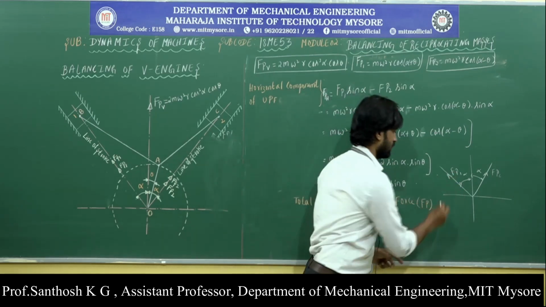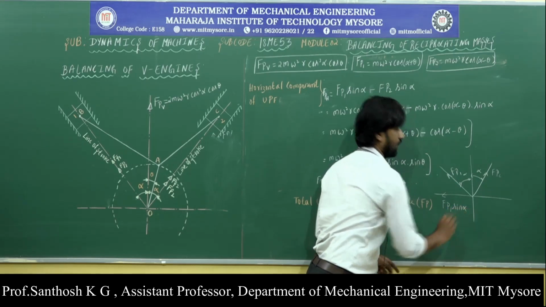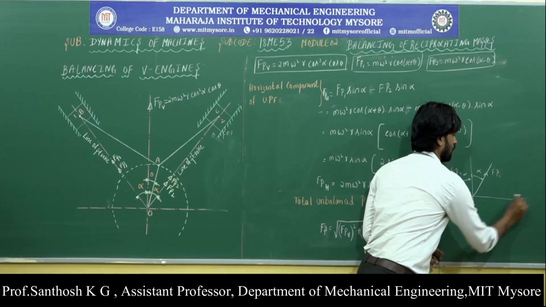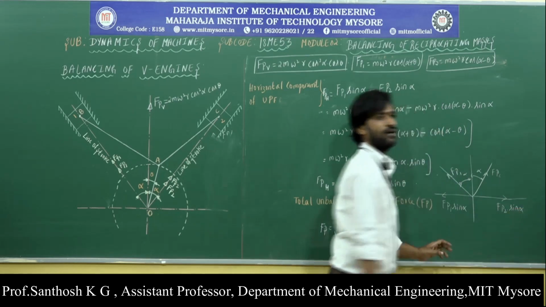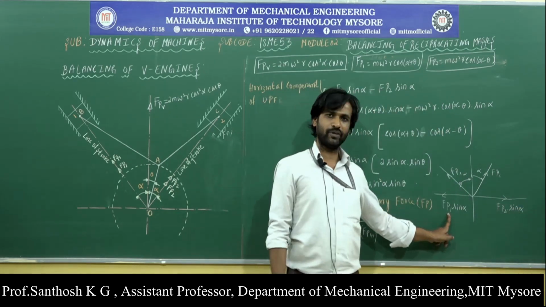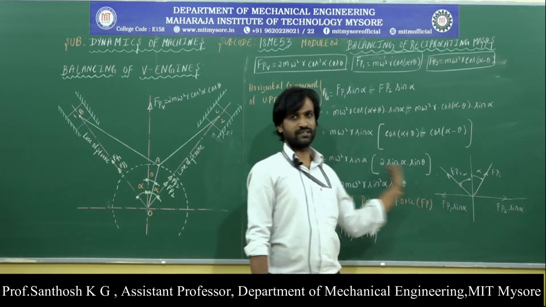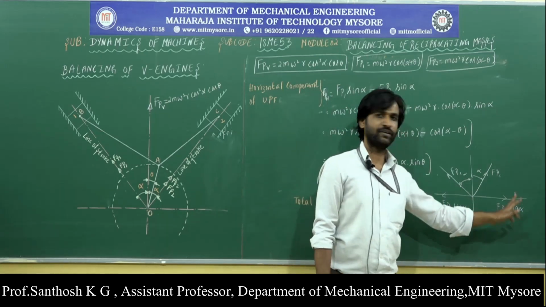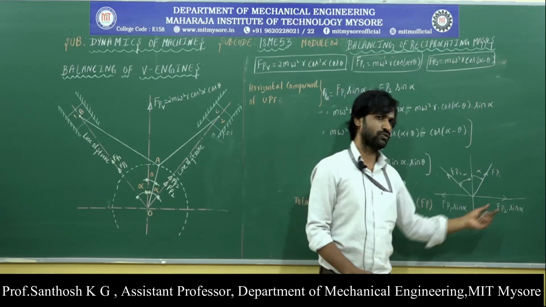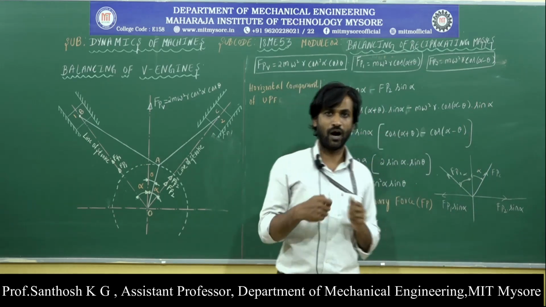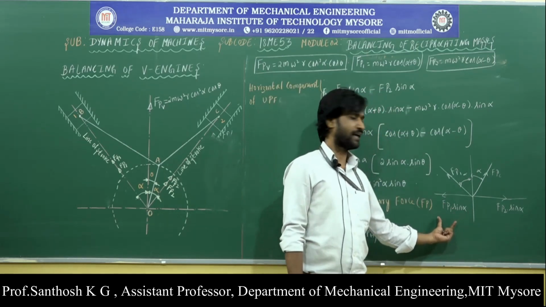So when I resolve Fp1 along the horizontal axis, I will get Fp1 sin alpha, and if I resolve Fp2 along the horizontal axis, I will get Fp2 into sin of alpha. And from this diagram you can observe that Fp1 sin alpha is acting in the horizontal left direction, and Fp2 sin alpha is acting in the horizontal right direction. Since these two forces are acting in opposite directions, when I add them, one side I should consider as positive.